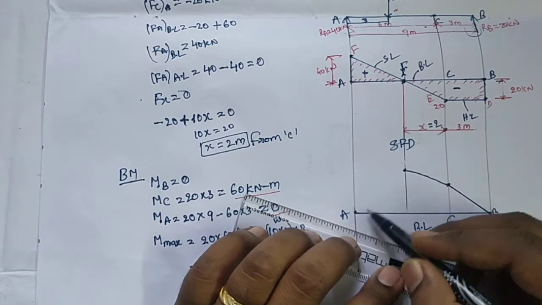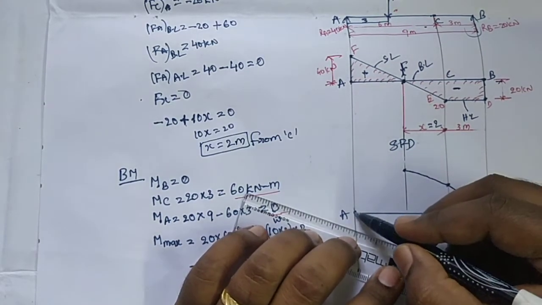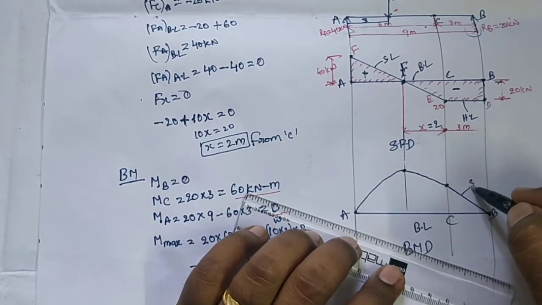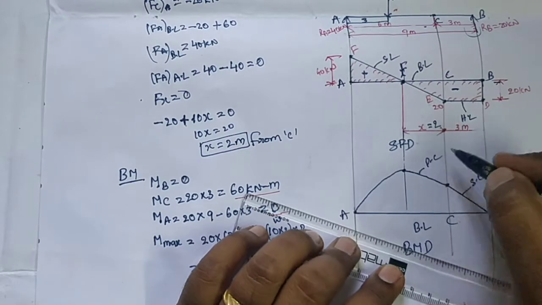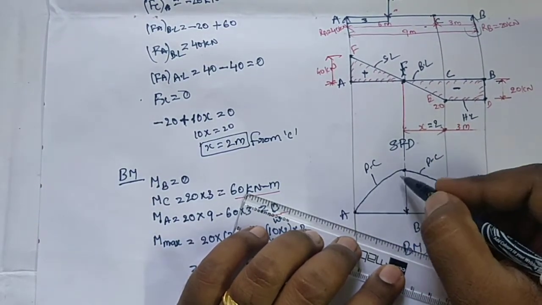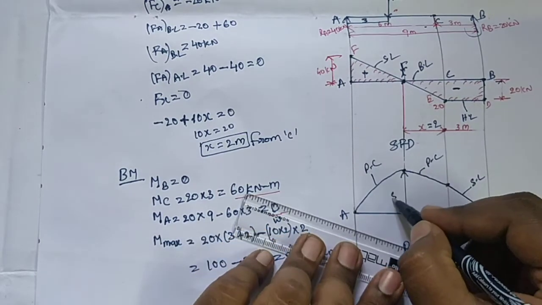From A to the maximum point is also applying UDL, so that it can also be drawn by using a parabolic curve. Only from B to C is a straight line, and this one is a parabolic curve, and this one is also a parabolic curve.